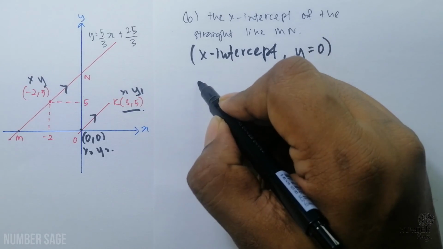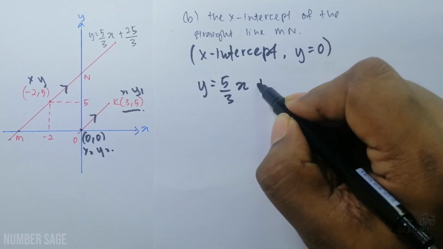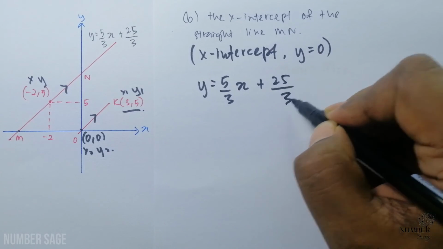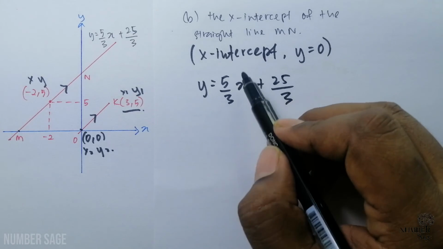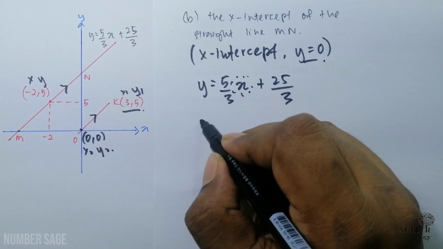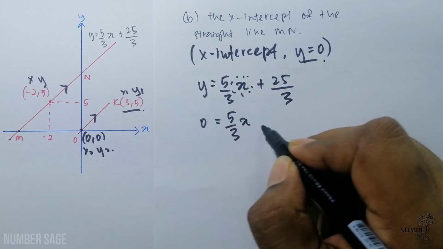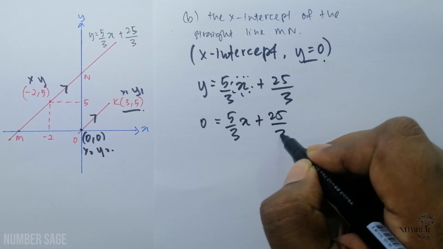The equation of MN is y equals 5 over 3 x plus 25 over 3. If we are going to find the x-intercept, y is equivalent to 0. So replacing y with 0, we get 0 equals 5 over 3 x plus 25 over 3.